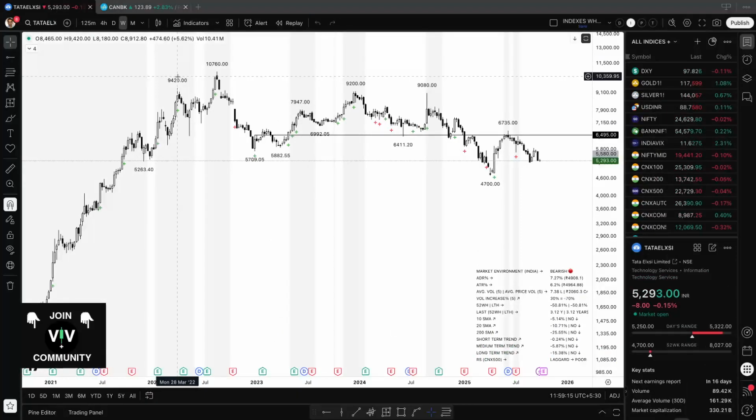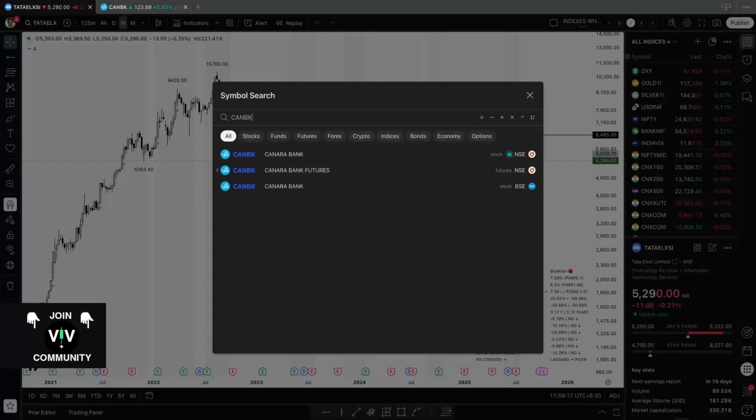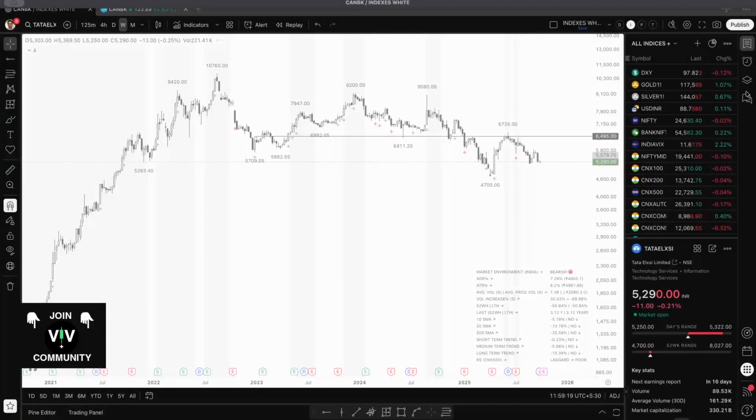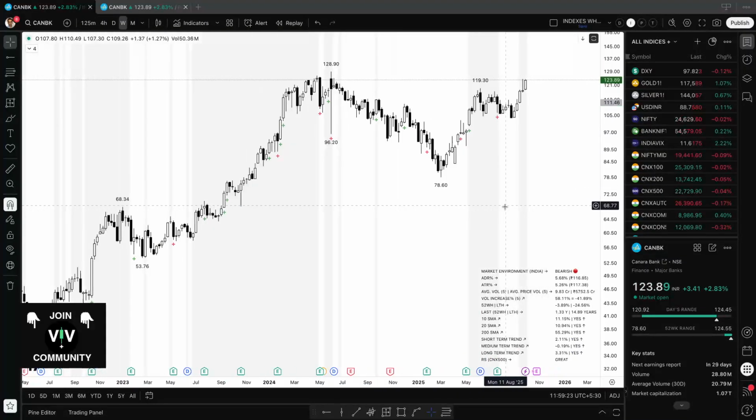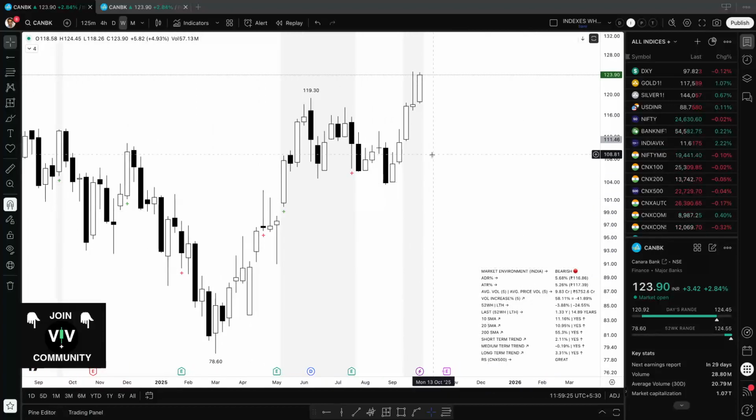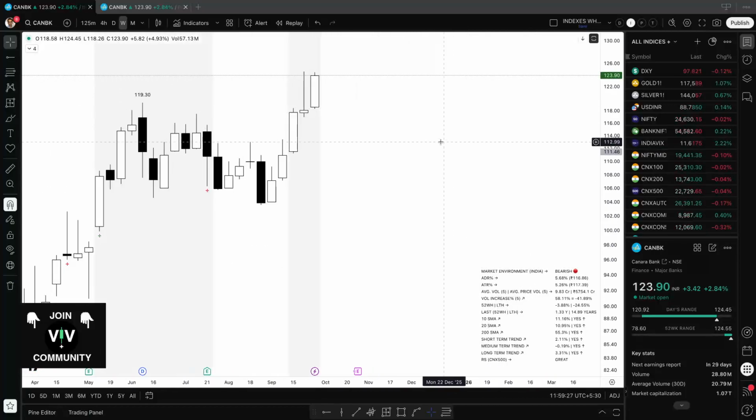some recent stock. Let's check Canara Bank. What is happening with Canara Bank? If we go to the weekly chart, the weekly chart is telling us that the trend is positive here, right?